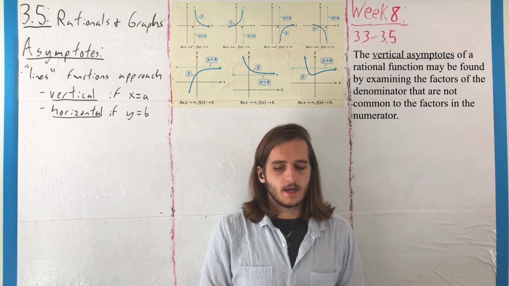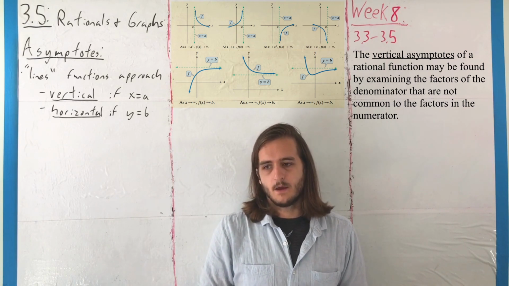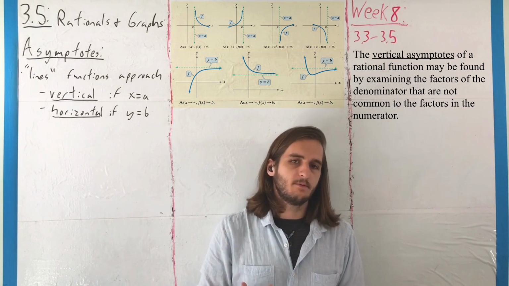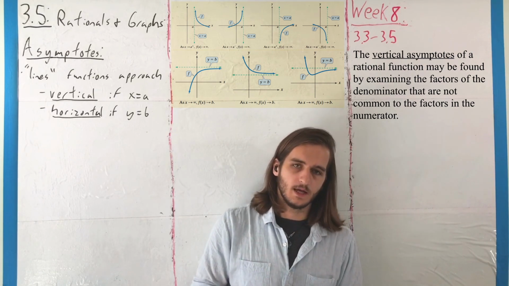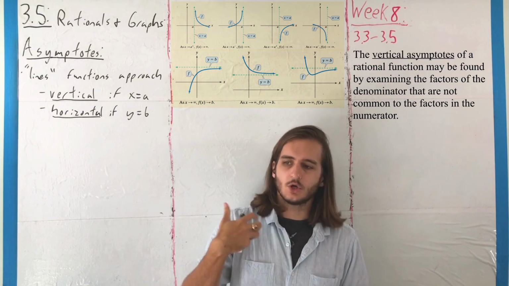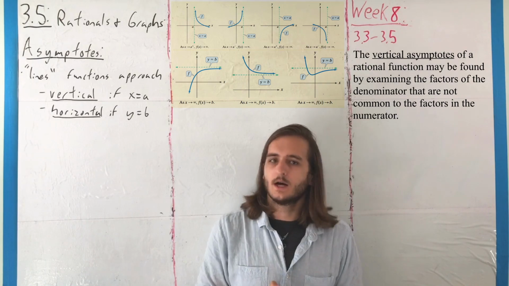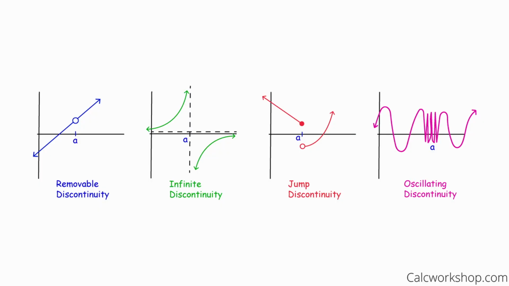That type of problem doesn't actually indicate an asymptote exists. That's a thing called a removable discontinuity. That is a hole we can plug in the graph if we make an adjustment.